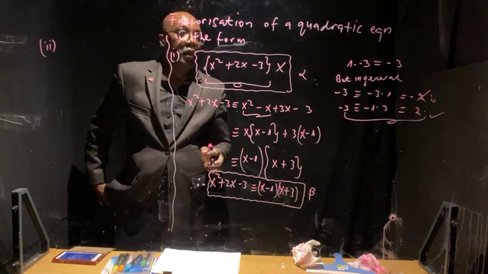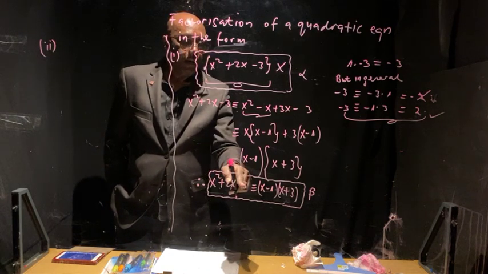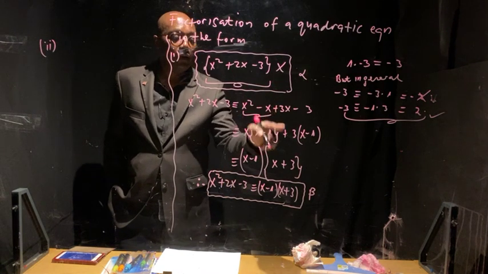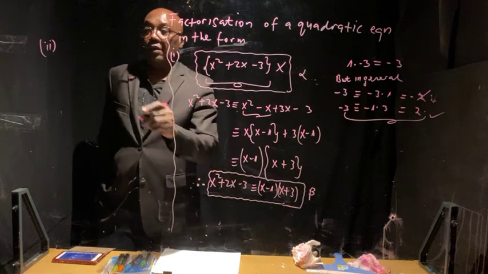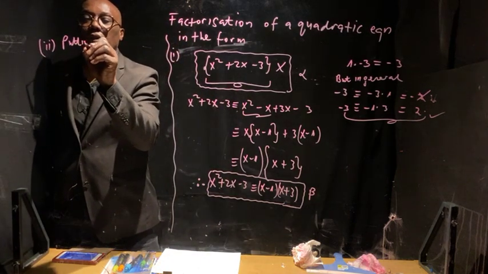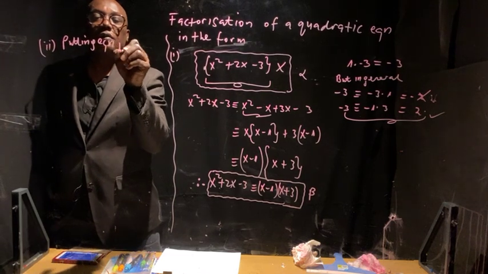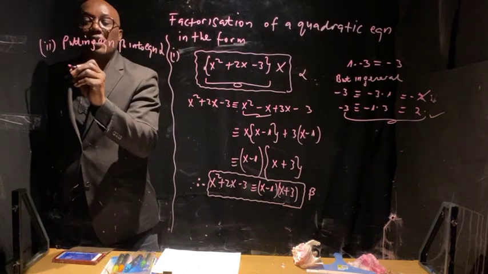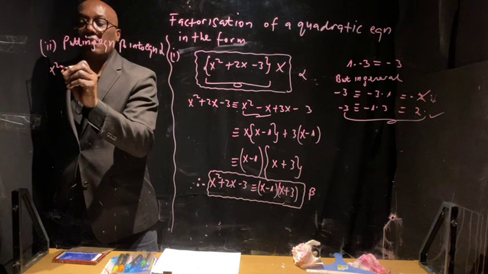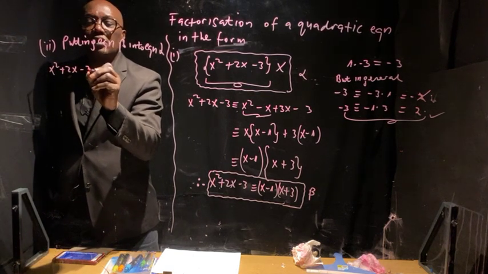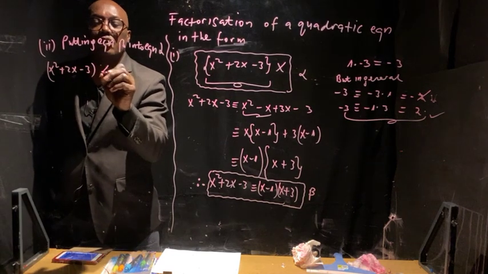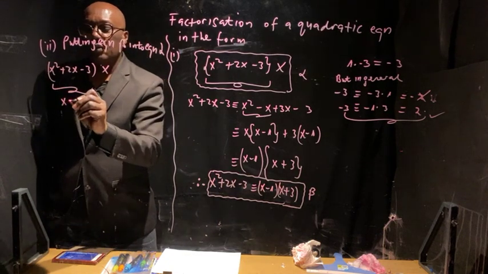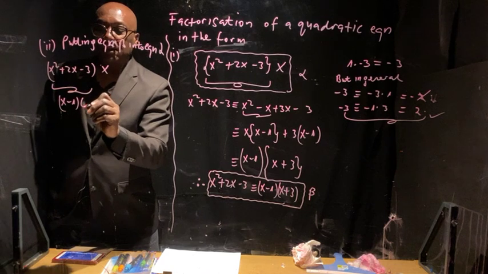You see, if we put equation beta into equation alpha, putting beta into alpha, we will have x squared plus 2x minus 3 multiplied to x, where we see that x squared plus 2x minus 3 is equal to x minus 1, x plus 3.